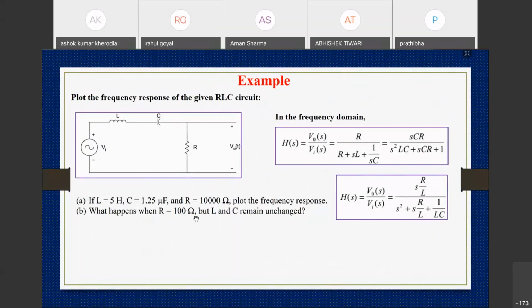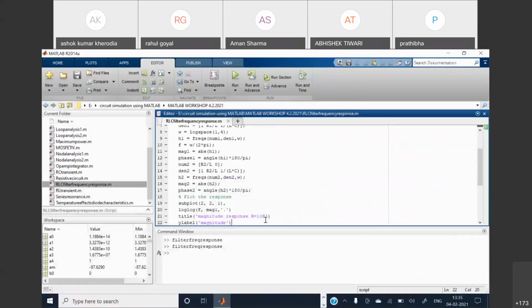And if I change the value of R, while L and C are not changing, what will the frequency response be? I did it in the same way, and plotted.